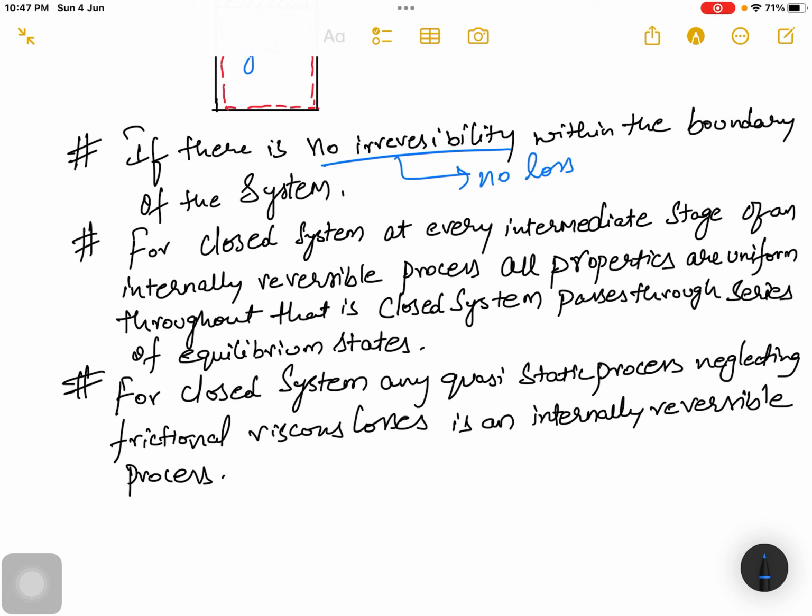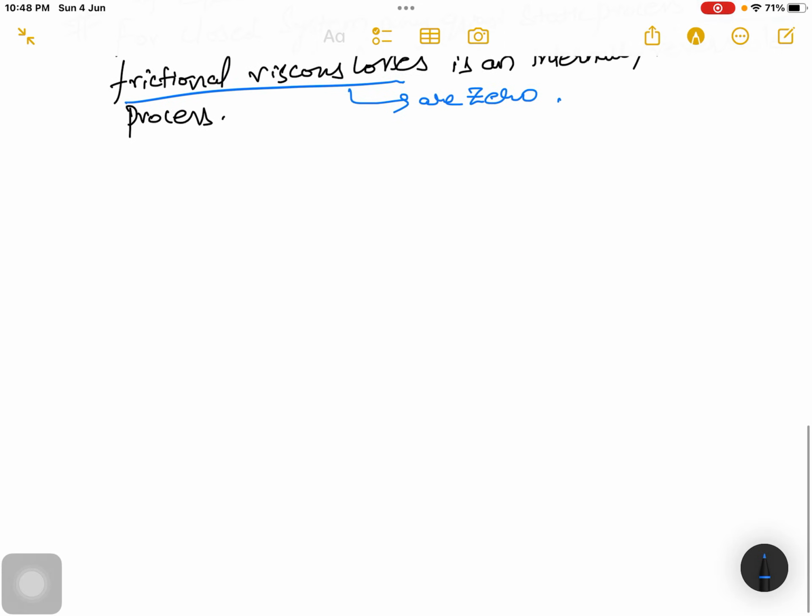Here, no irreversibility means no loss within the boundary. Okay. Here, neglecting frictional viscous losses means they are 0. We have to neglect these viscous losses and we should assume them as 0.